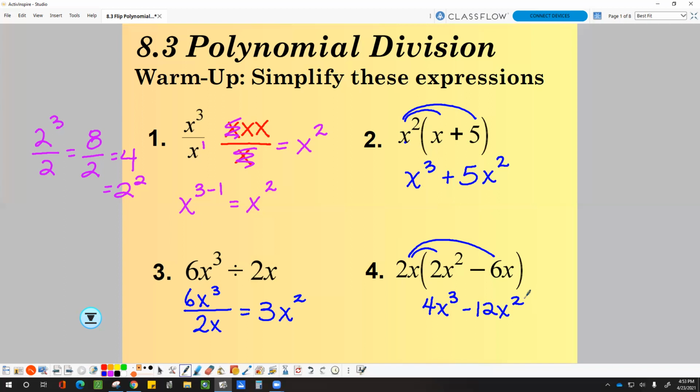As long as you can multiply and divide, and we'll be combining like terms, which is what we've done so far in Unit 8, you'll be able to do polynomial division. So I think you can do this.